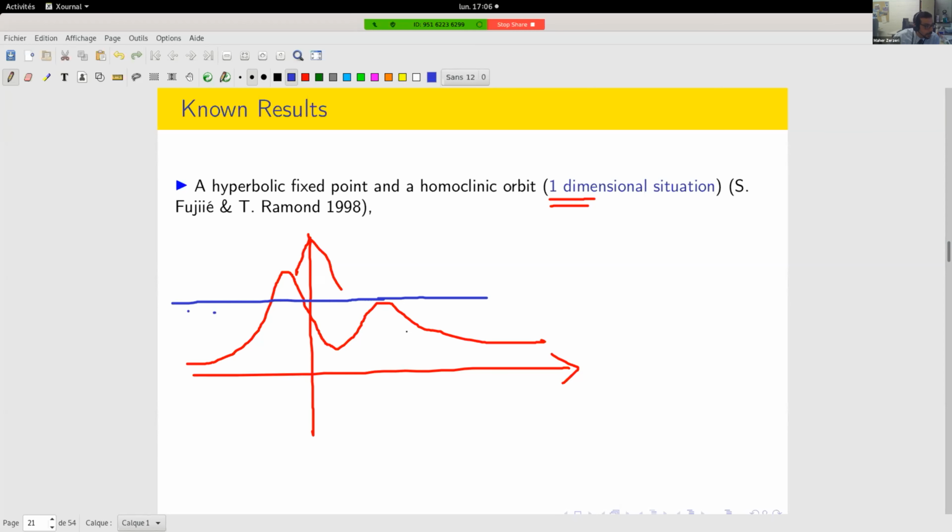So here you have this fixed point, or the critical point of V. So in the cotangent bundle is a point trajectory, and also we have a homoclinic one. Of course, we can have also here some unbounded.